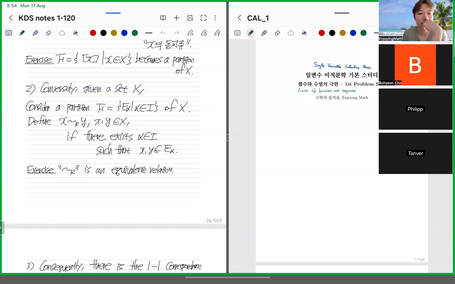So we start from the partition of X. Here, alpha is from an index set, and I think this index set is for the construction of the partition, where each subset has an index alpha to distinguish it from the other subsets.